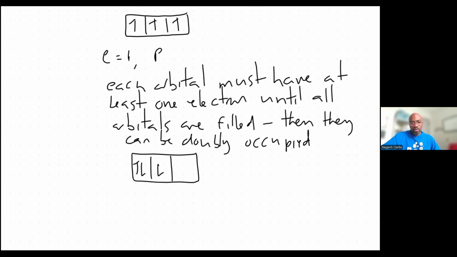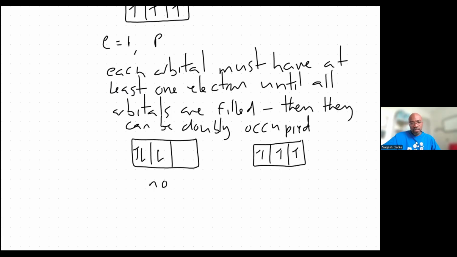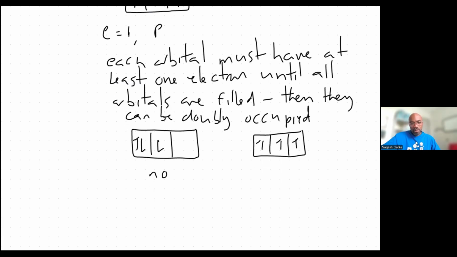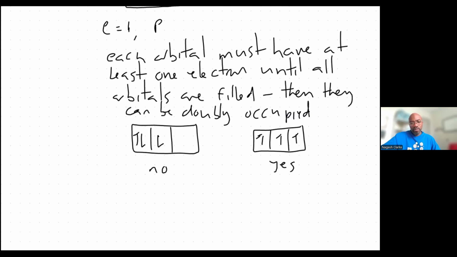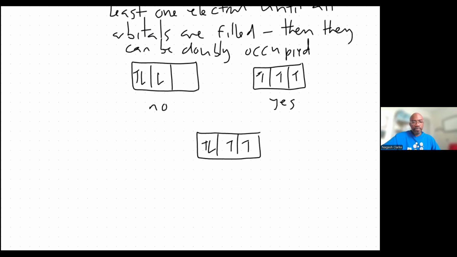That's a no. Instead, you will see this. And if I have an additional electron, then I can double up. So I make sure all are filled, and if I have extra, then I double.